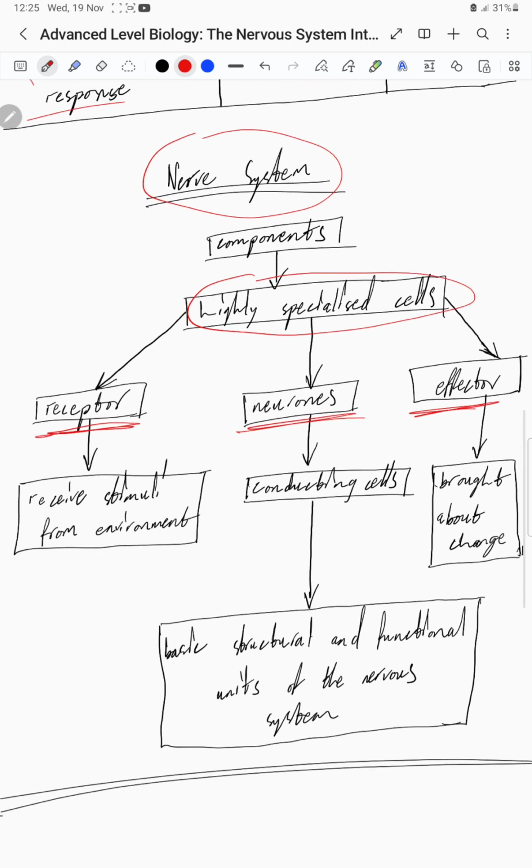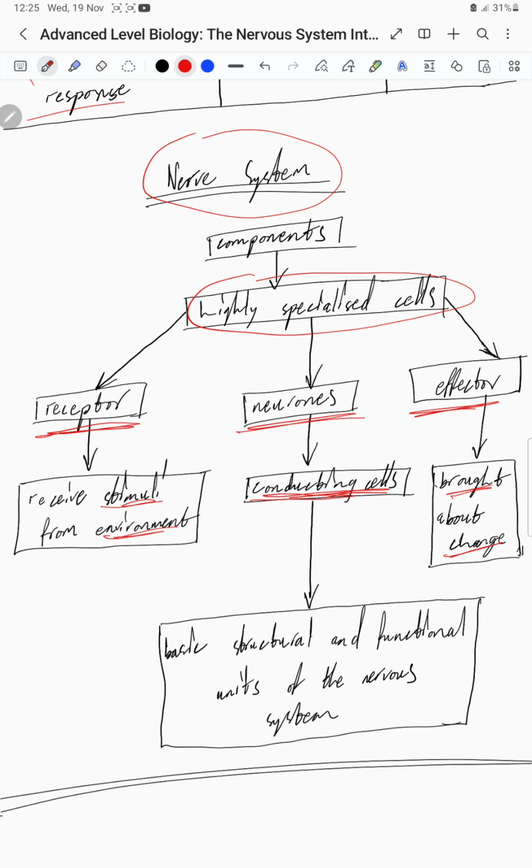The receptors, as we have demonstrated on the diagram, receive stimuli from the environment, and then neurons conduct that stimuli in the form of impulses. They are the conducting cells to the central nervous system and back. And then the effectors, as we have talked about, for example the muscles, they respond and change.